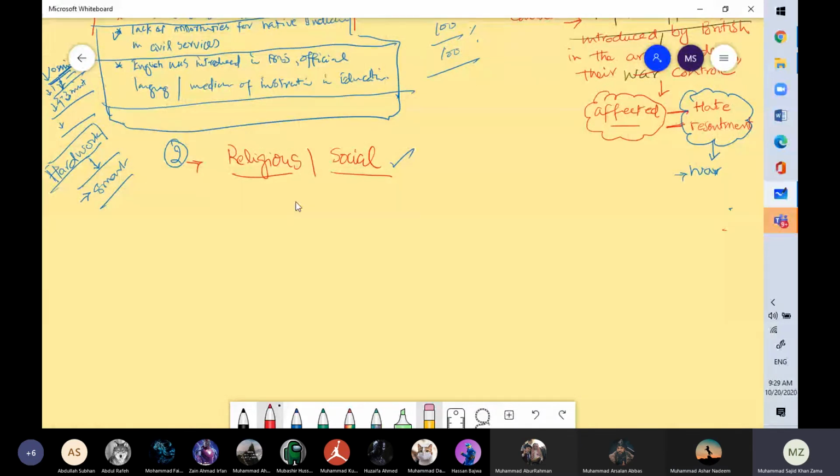In religion, what happened? The British allowed, or rather patronized and helped, Christian missionaries, the religious people of Christianity, to spread Christianity. Christians had a lot of money because the British had a lot of money, so they established Christian charity institutions, obviously attracting poor people, and they were converting them to Christianity.